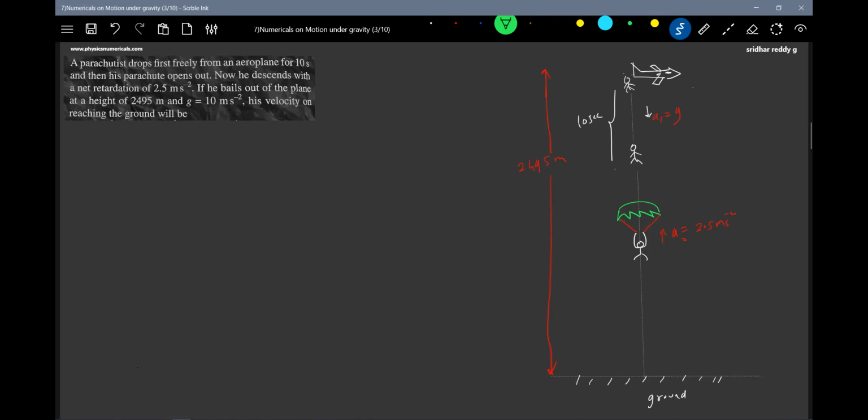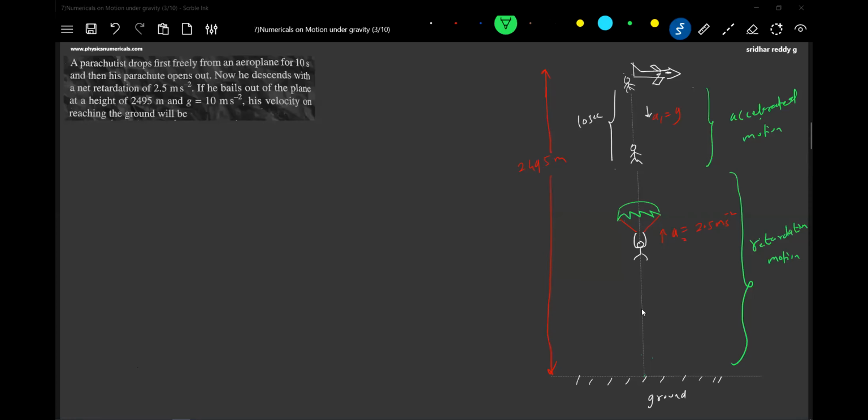Let me indicate that this will be accelerated motion, free fall, and this will be retarding motion.